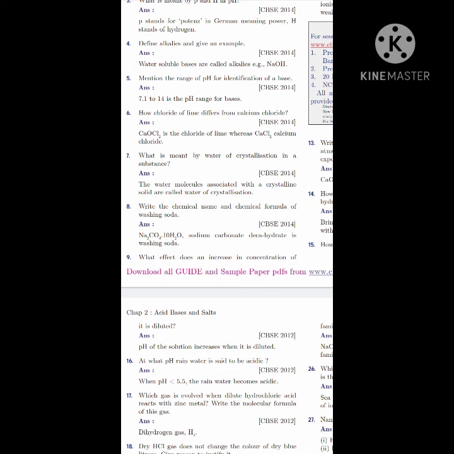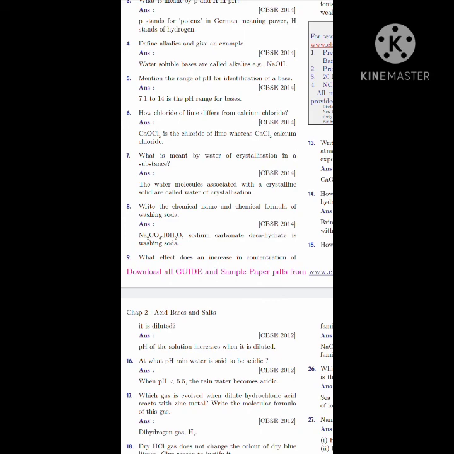They have asked only to define alkalis and give an example. Next, mention the range of pH for identification of a base. 7.1 to 14 is the pH range for bases. And what is it for acids? It is 0.1 to 6.9, which is acidic, right? And 7.1 to 14 is for bases.